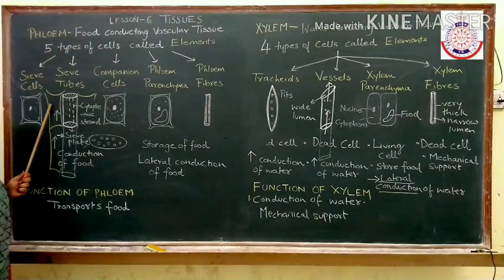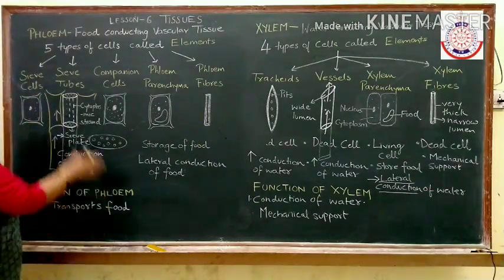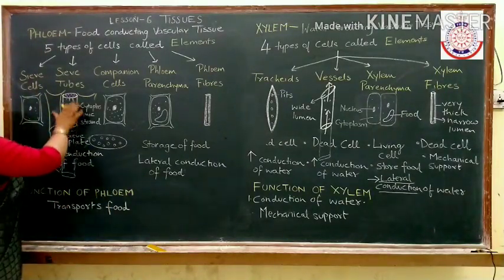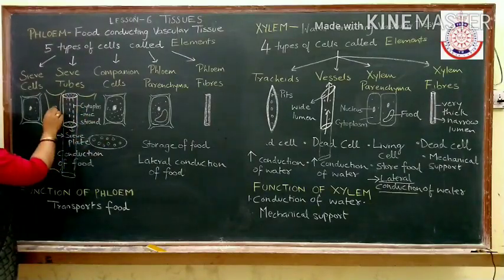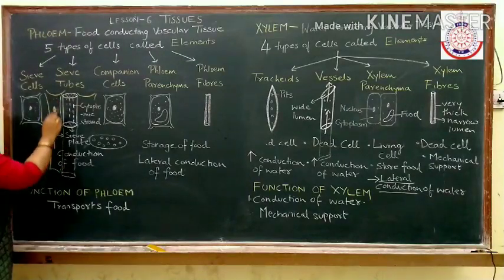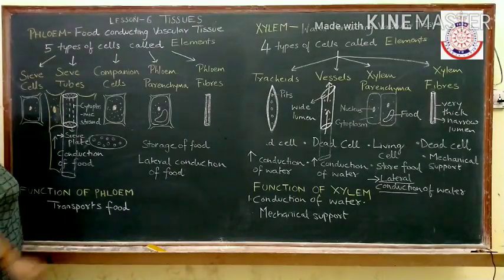I repeat, companion cells help keep the sieve tube alive. How? We know companion cells have a large nucleus and dense cytoplasm.